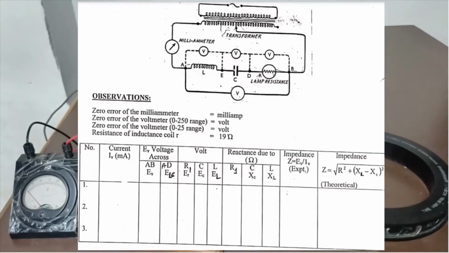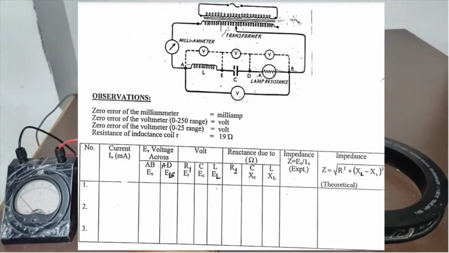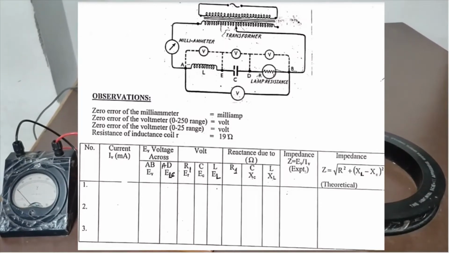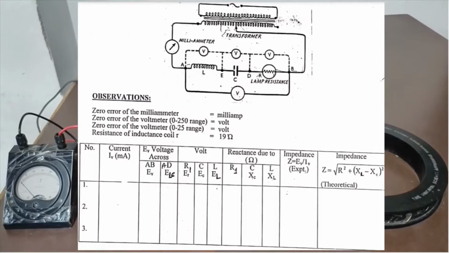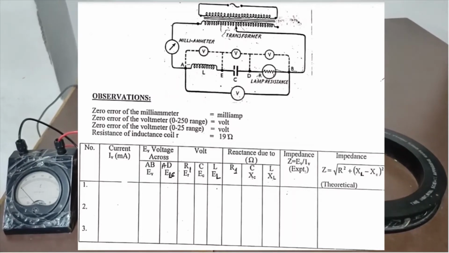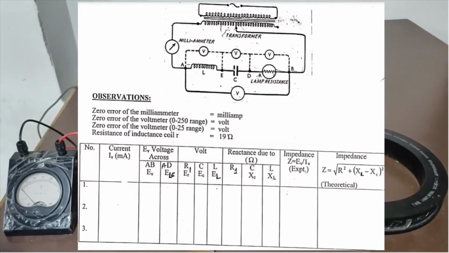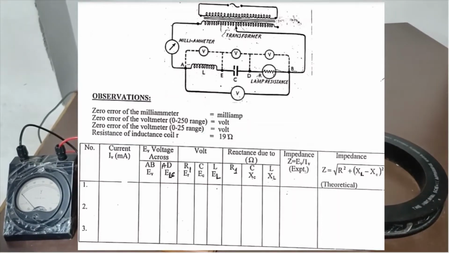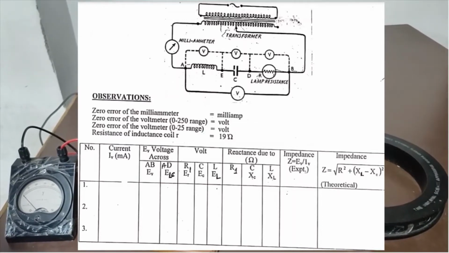Now let us come to the observations to get the impedance of the circuit. This is the observation table. You can see here IV is the current corresponding to which we have to take the voltages across, first of all across AB point.